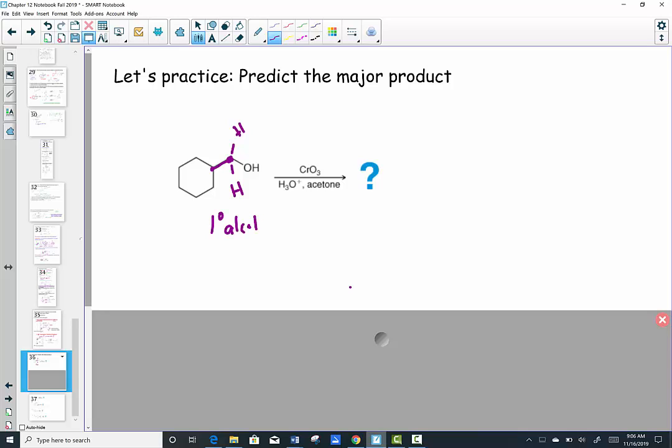That means for every available hydrogen, we'll have an oxidation occur. In the first step, the oxidative process converts the OH into the aldehyde.